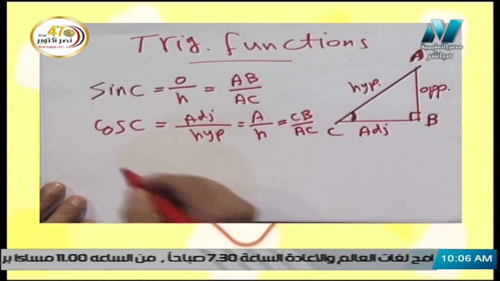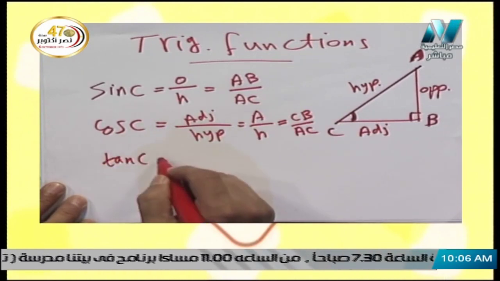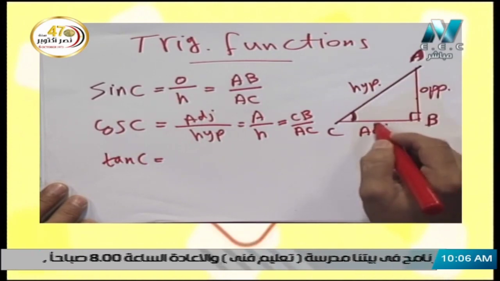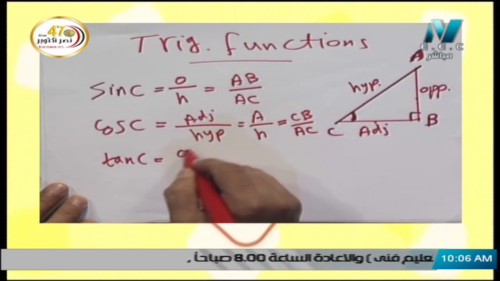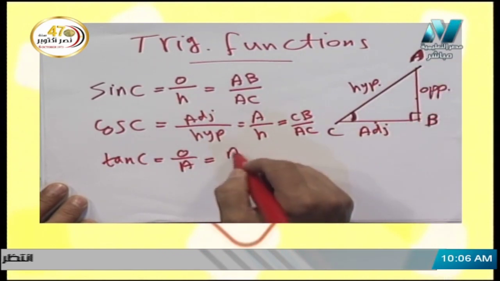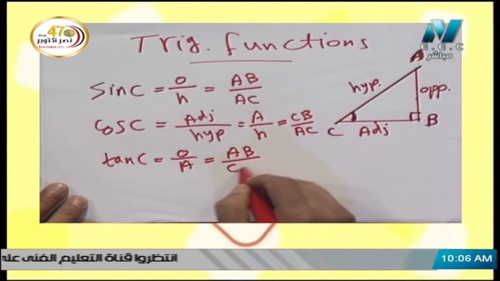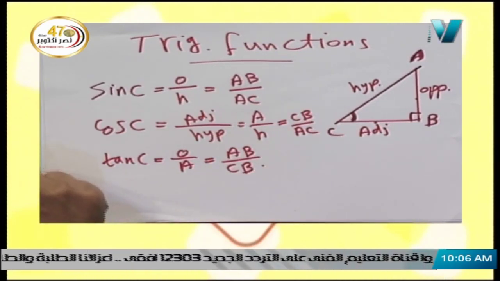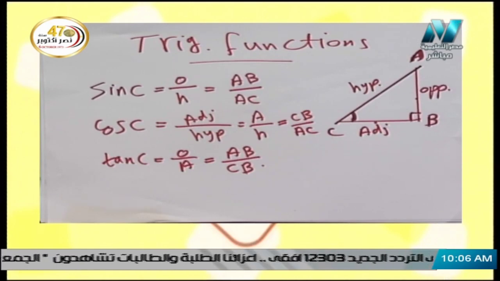And we know about tan C. Tan C is the opposite over the adjacent, so it's AB over CB.